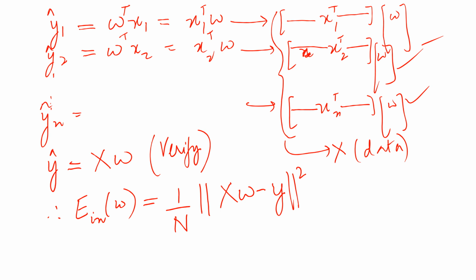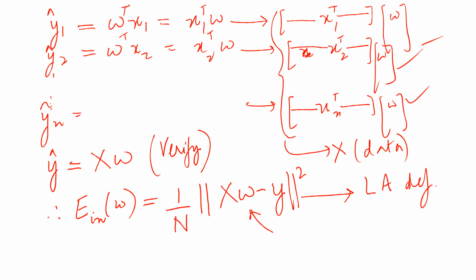Can we do some kind of simplification here? And by the way, this is the linear algebraic definition for in-sample error. I would definitely like to expand this and see if I can get something, because remember what our goal is. Our goal is to find the minimum value for this E in, and the more detailed a description of E in we have, the better it is.